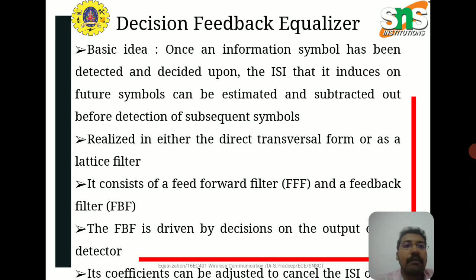It consists of a feed-forward filter and a feedback filter. The feedback filter is driven by decisions on the output of the detector. Its coefficients can be adjusted to cancel the intersymbol interference of the signal.